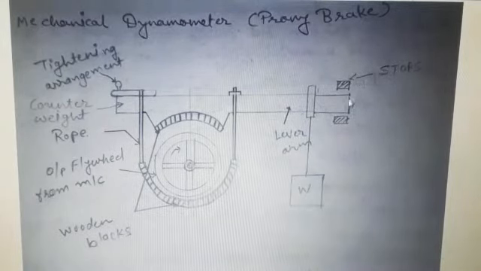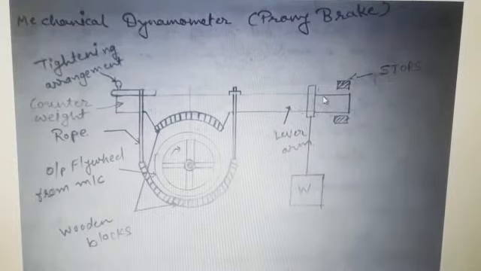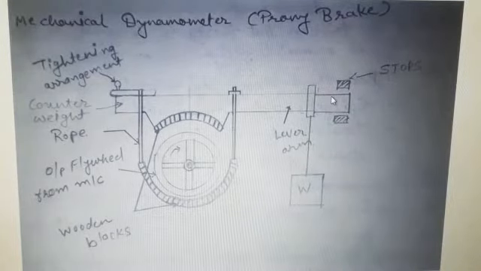These stoppers are provided to restrict or resist the motion of the lever. You can see that these stoppers are provided so the lever cannot move downward or upward to an extreme position.